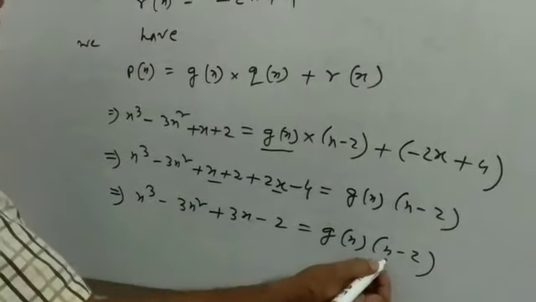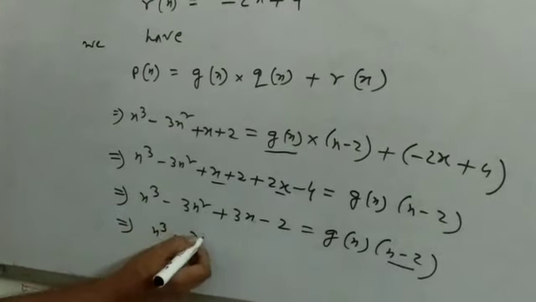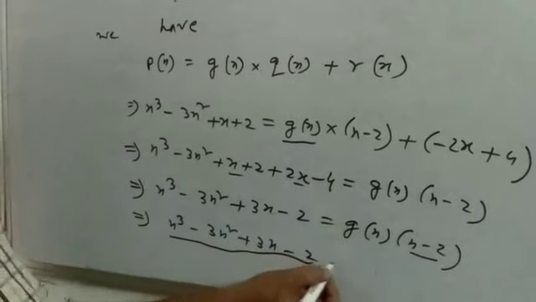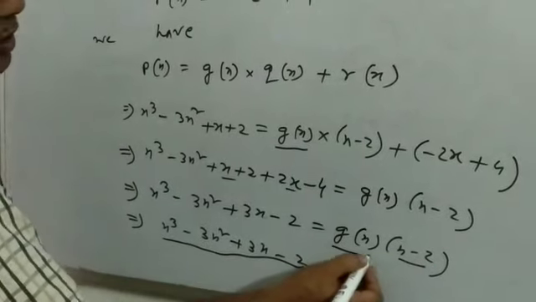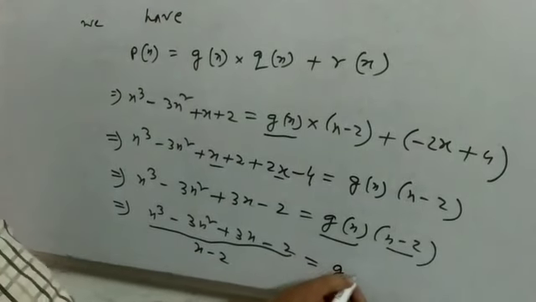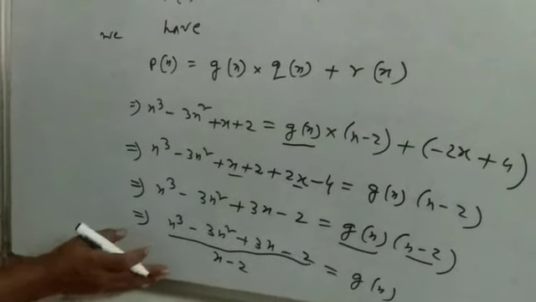So now this x minus 2 will transfer, and when transferred, x cube minus 3x square plus 3x minus 2 will be divided by x minus 2, because x minus 2 is multiplied with this term, equal to g(x). Is that clear? Simplification up to this much is clear.